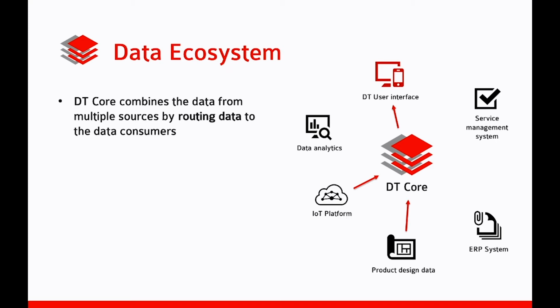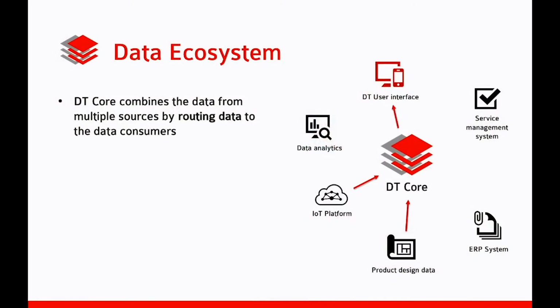And we may want to have a 3D model that's representing the current state of the machine on the field on a user interface. And for that, we may use the DT core to input the data and then route the data to the user interface from these two different sources. So like the data link that the user was referring to.